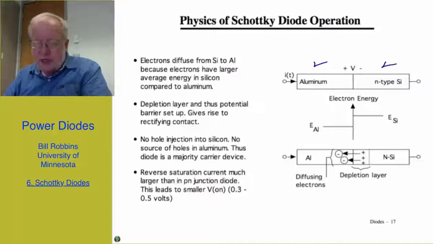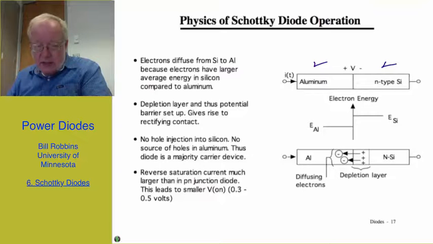This energy is with respect to an electron in free space a long distance away from the diode. So it takes more energy to pull an electron out of the aluminum than it does the silicon. Because of that, the electrons being more energetic on the N-type silicon side, those that are in the immediate vicinity of the metallurgical junction are going to move over to the aluminum side, even though there are many more electrons.